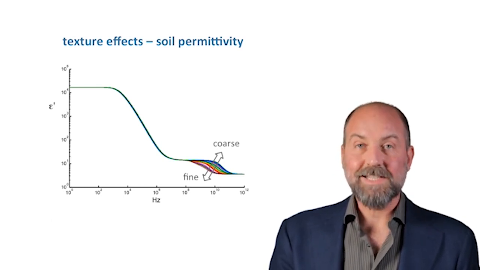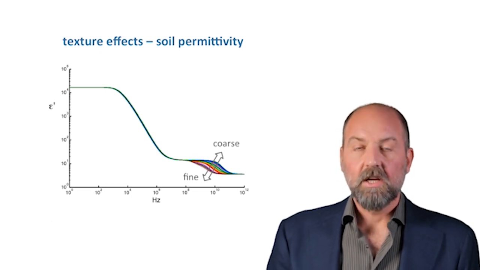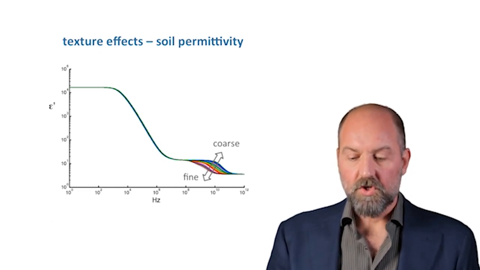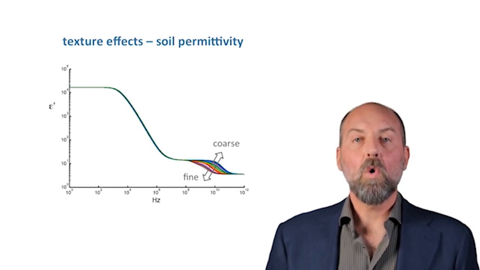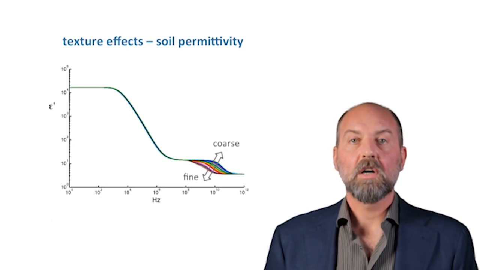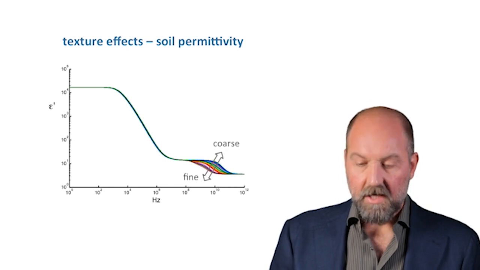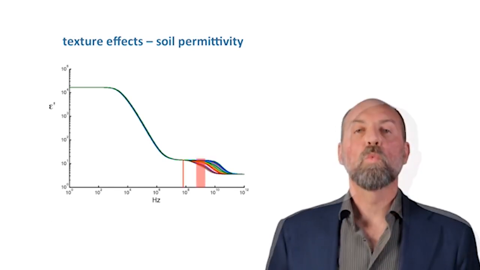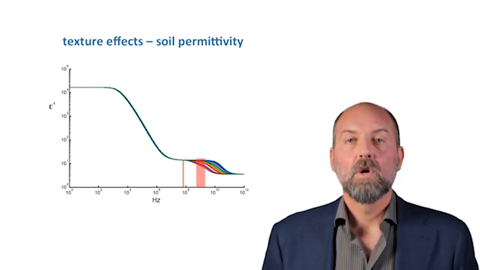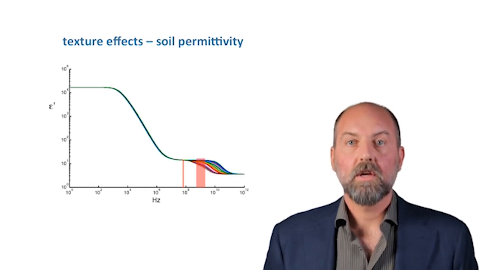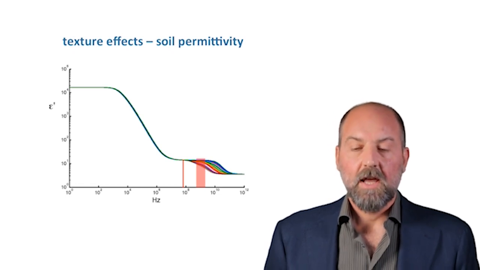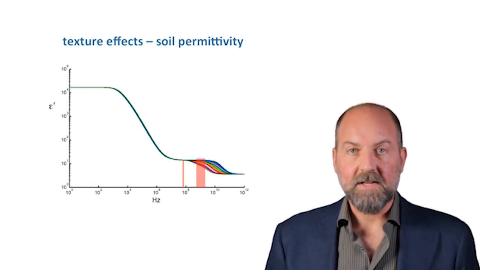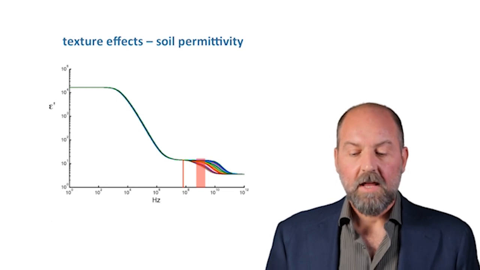Here you see some 10 spectra representing different soils, which vary from coarse to fine. All other variables are kept constant in the simulation, and only the texture of our system is what we have changed. So what would our measurements look like in systems that are represented by such spectra? Again, remember, TDR and capacitance operate at different frequencies.